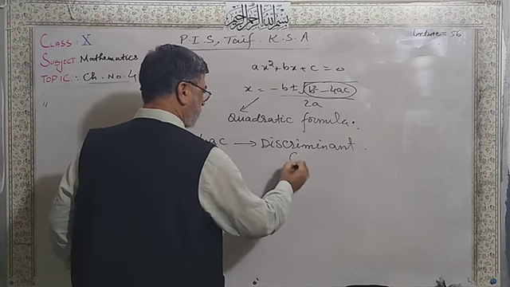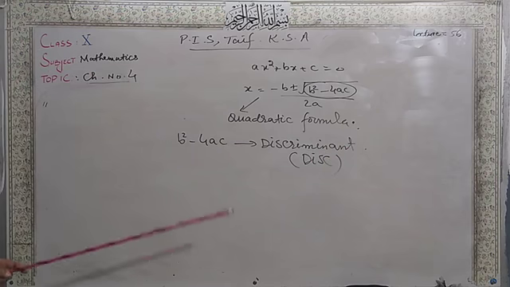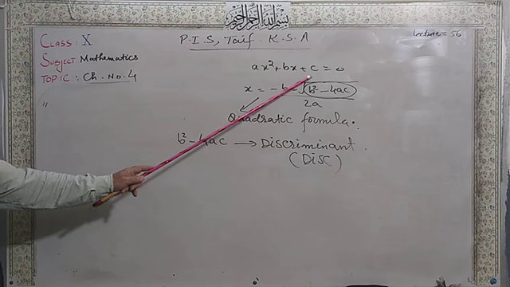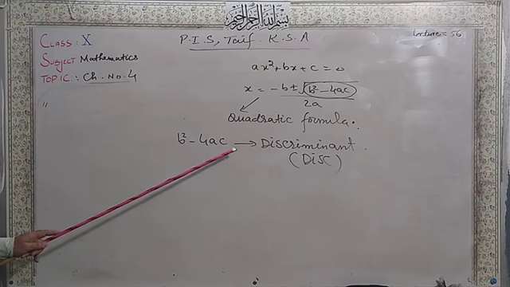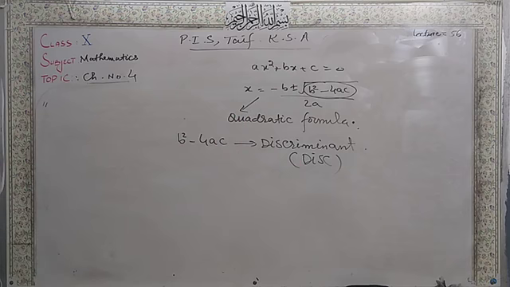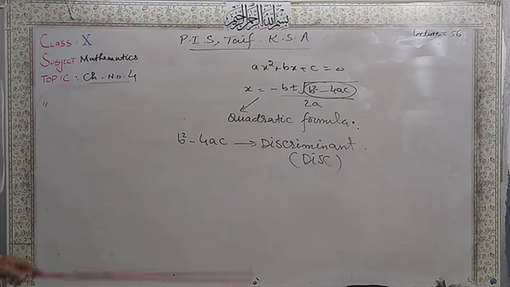Discriminant, simply written as disc. Dear students, the part which is inside the radical sign is known as discriminant, known as disc. With the help of disc, we can check the nature of roots.